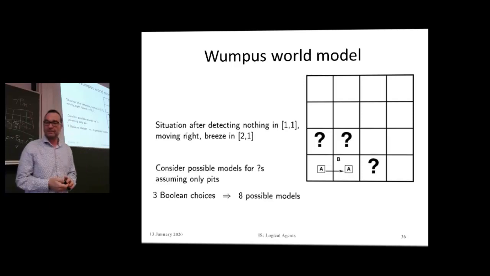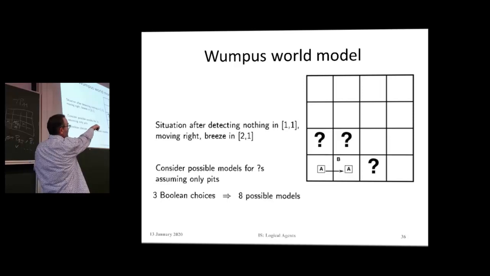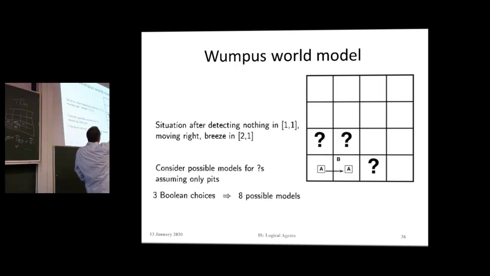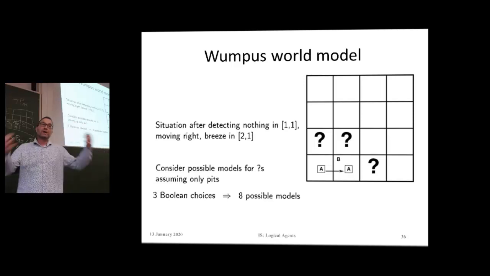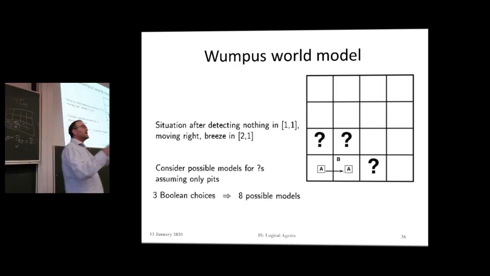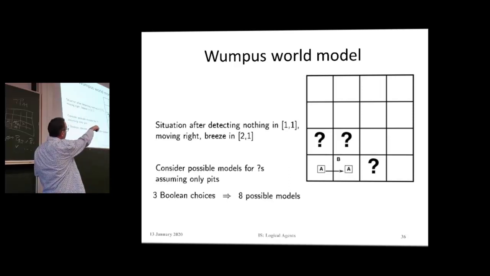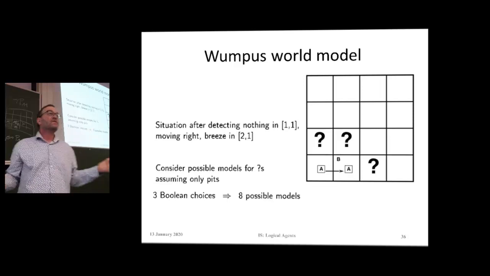And so the situation is that we have detected nothing in 1,1. We've moved to 2,1, and we've noticed the breeze. Yeah? And now we are going to use the reasoning over the model that I've talked about in the last slide in order to determine whether or not there are pits in any of those fields with a question mark.